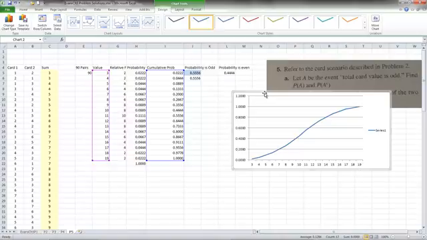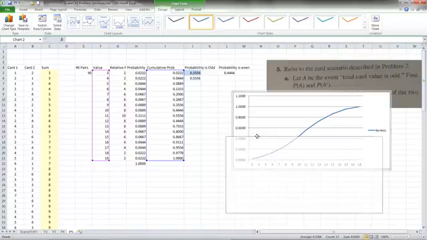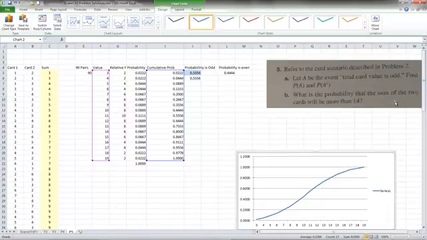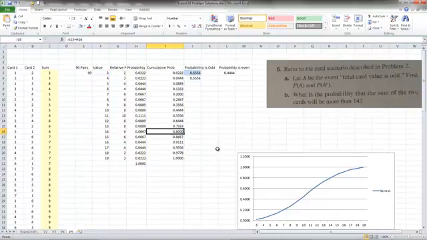Okay. When you use a cumulative function like this, if they were to ask what is the probability that the sum of the two cards is at least 14, it's the complement of this. So we're talking about complements here. If it's at least 14, that would be 0.8.